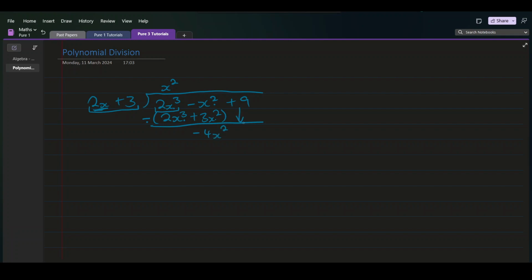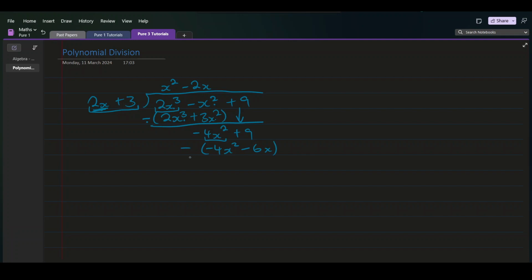And then we bring down our 9, so that's plus 9. And then we'll come back here, 2x, and we'll say negative 4x squared divided by 2x, and we get negative 2x. And we multiply again, there's a negative sign here, negative 2x times 2x, that gives us negative 4x squared, and then negative 2x times 3, that gives us negative 6x.